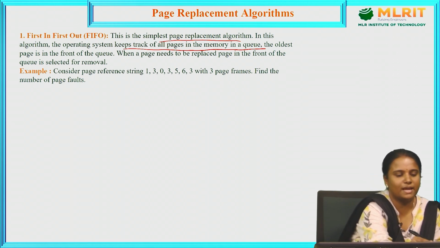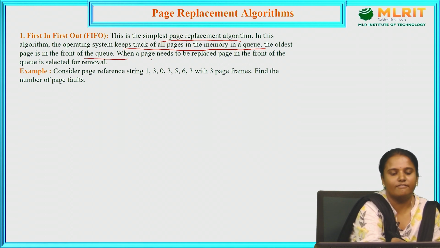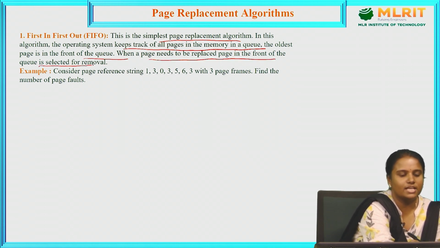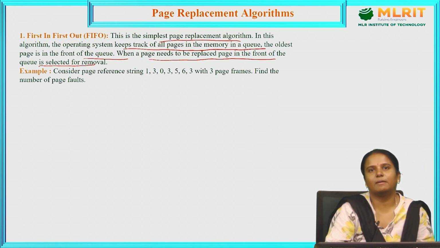The oldest page is in front of the queue. When a page needs to be replaced, the page at the front of the queue is selected for removal. So the page which comes first should be removed first.